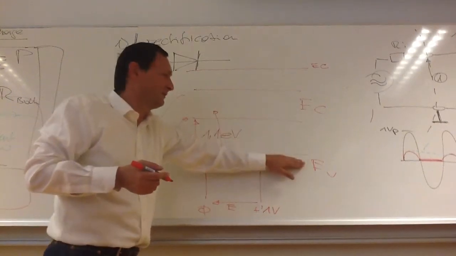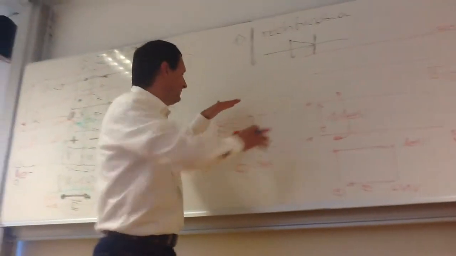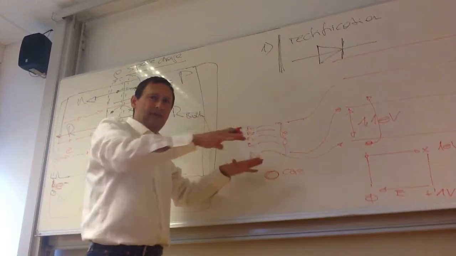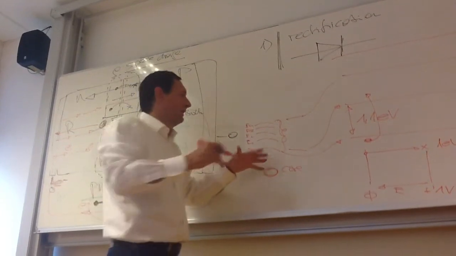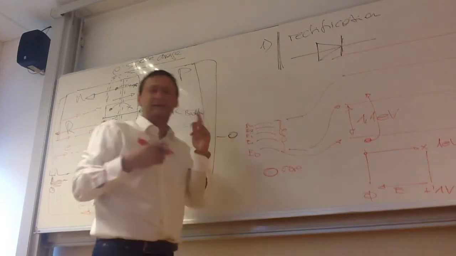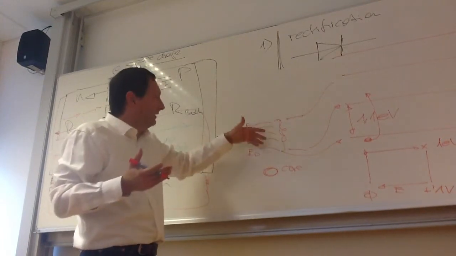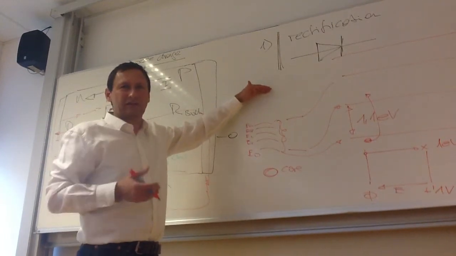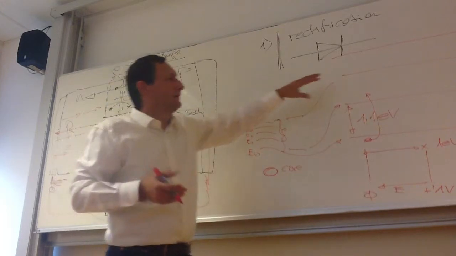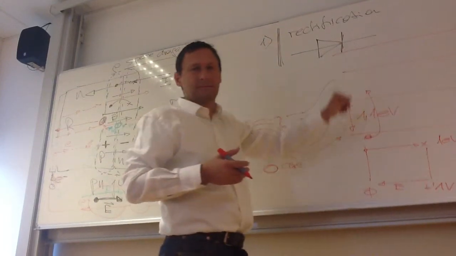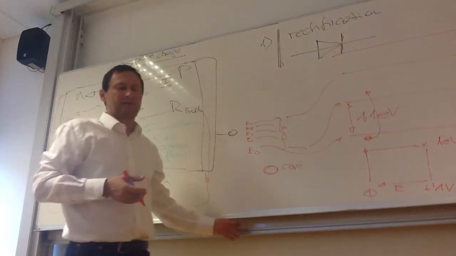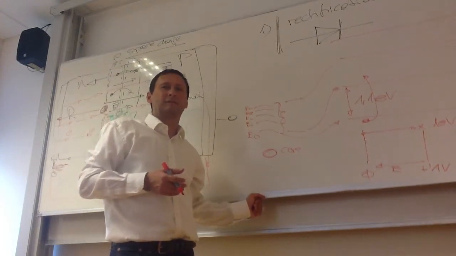The valence band means that all the electrons are in the lowest possible energy states. And if you heat the atom, then some electrons get to higher energy levels. So the heat affects the conductivity of the material.